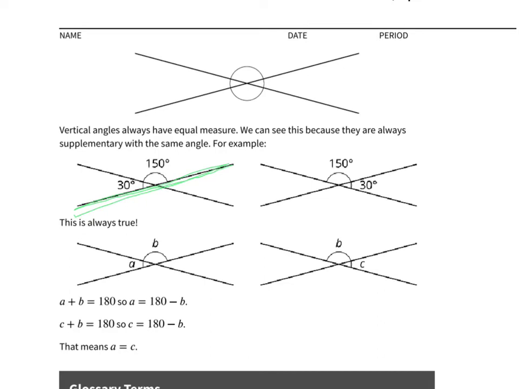So if that angle's 30, the one across from it is also 30. The one on the top is 150, the one below it is also 150. Vertical angles are across from each other and they are equal to each other. Then we have some equations here that help us prove that that's true.